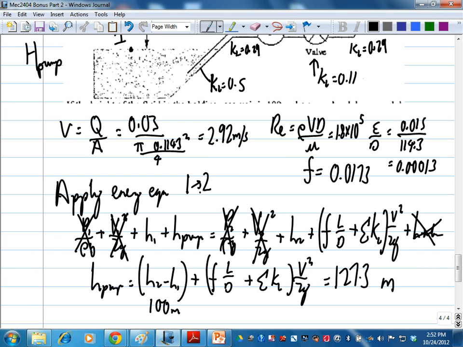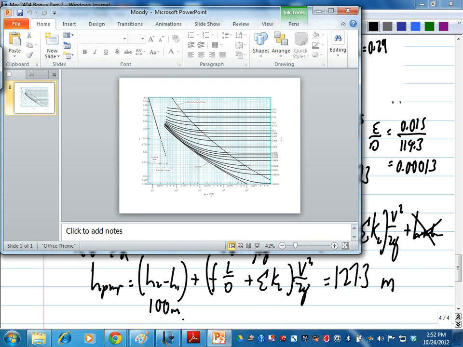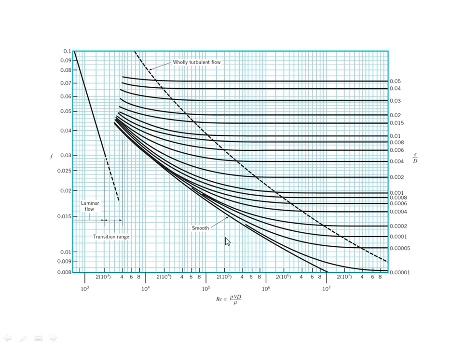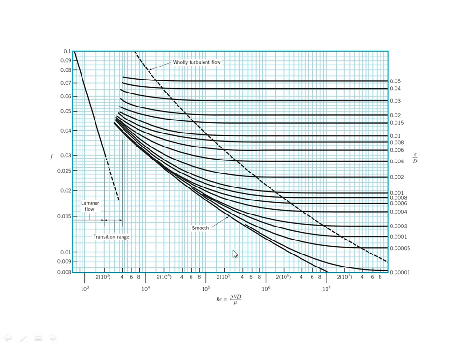Triple O. Right, I lost one O. Triple O. Yeah, so if triple O1, we follow this line, you use this graph. And where our Reynolds number meets that line, then that's our F. Right?